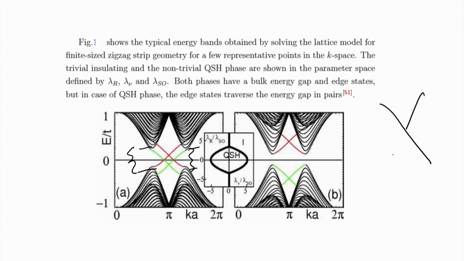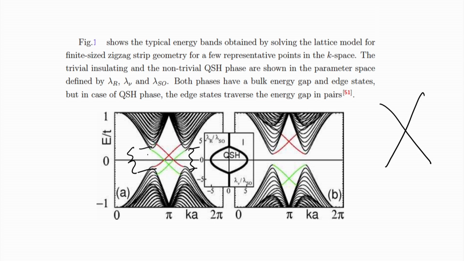Only tight binding would have given you this kind of dispersion with no gap. Now, these are spin resolved spectra. So, the red lines and green lines correspond to up and down, and now the two spectra have separated because of the presence of spin orbit coupling. So, this gap is there.